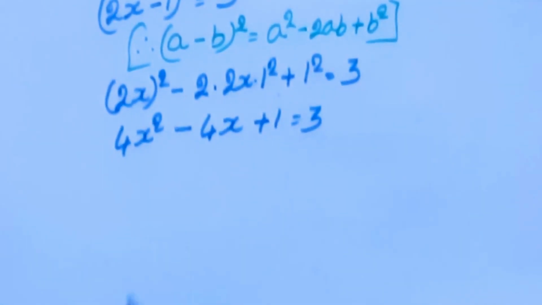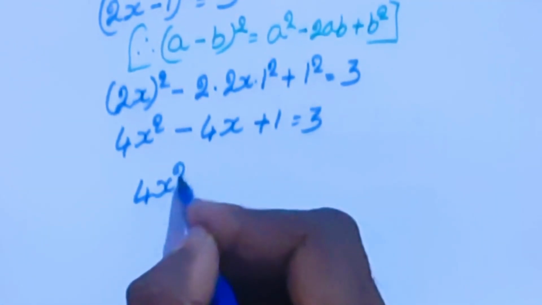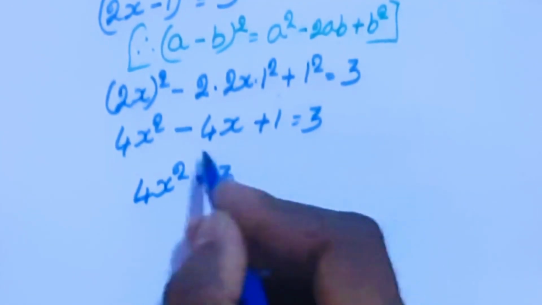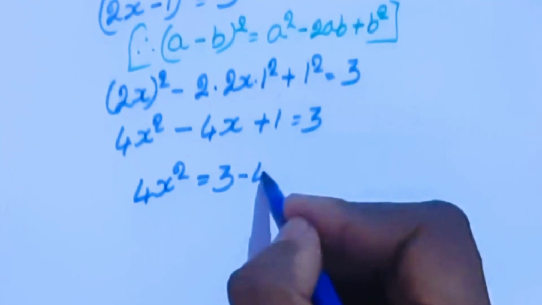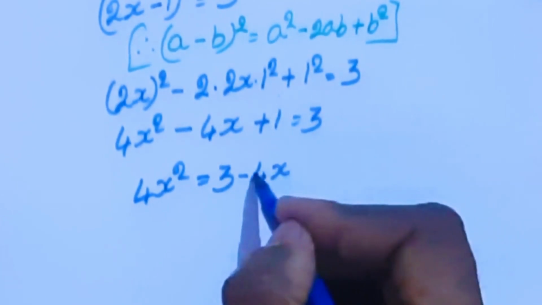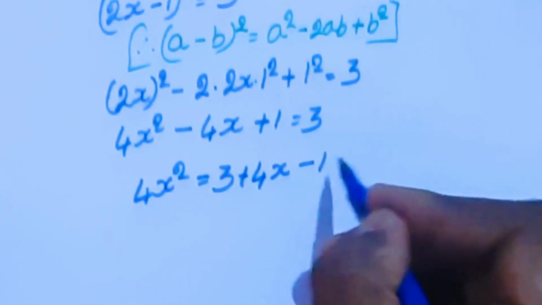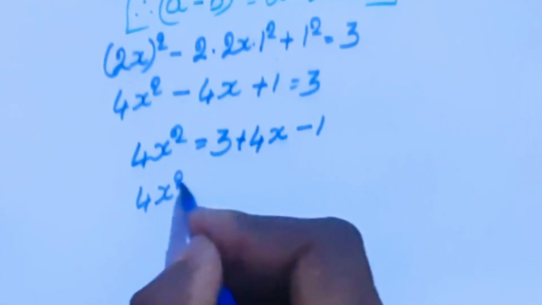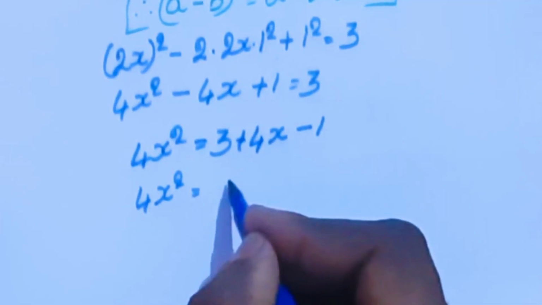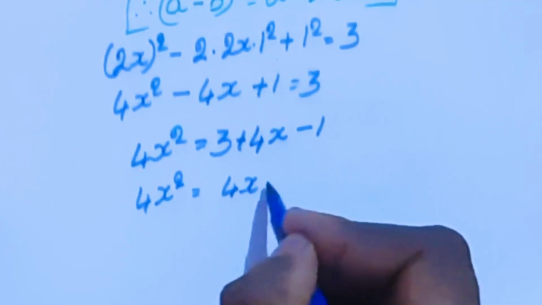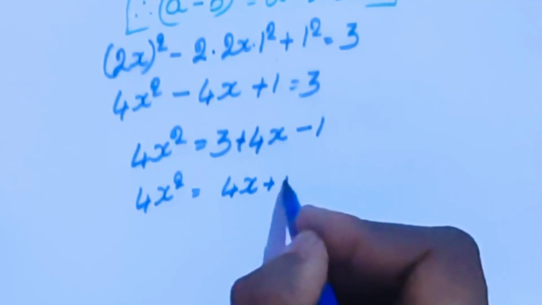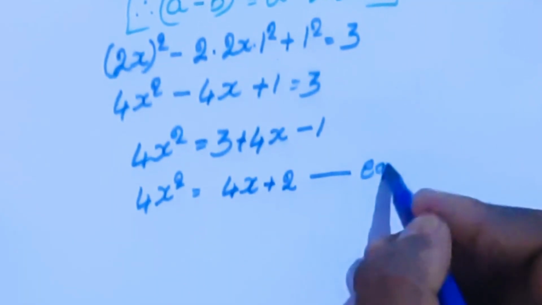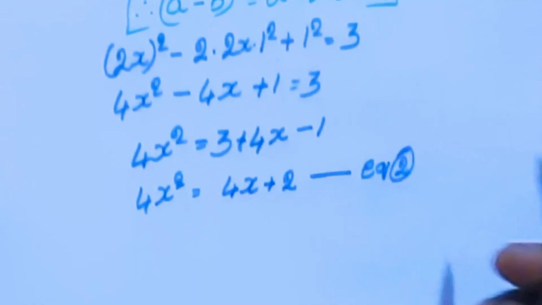Now 4x², moving this to the right hand side, so 4x² = 4x + 2. Now this is considered equation 2.